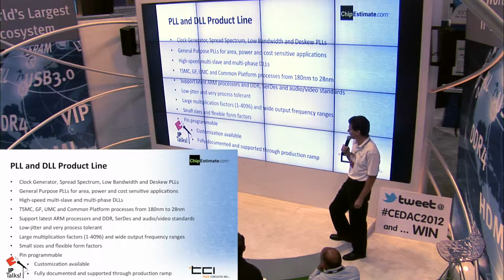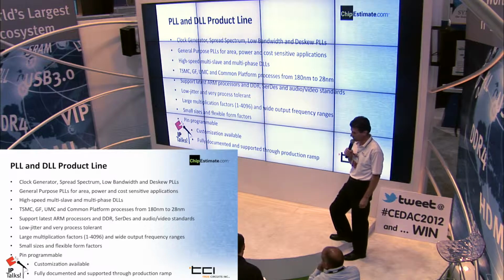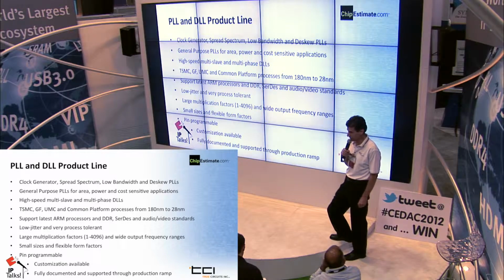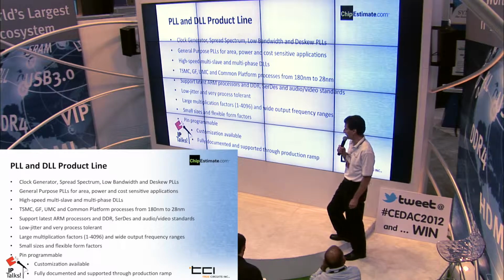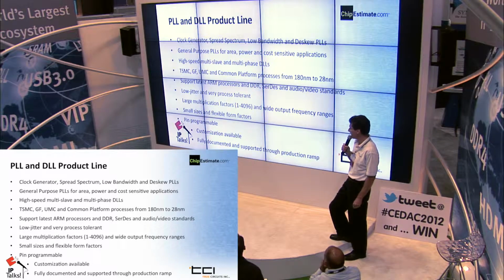The designs are configured to be extremely general in nature, so they can easily support a variety of standards, as well as work with ARM processors and whatever really you're trying to do.